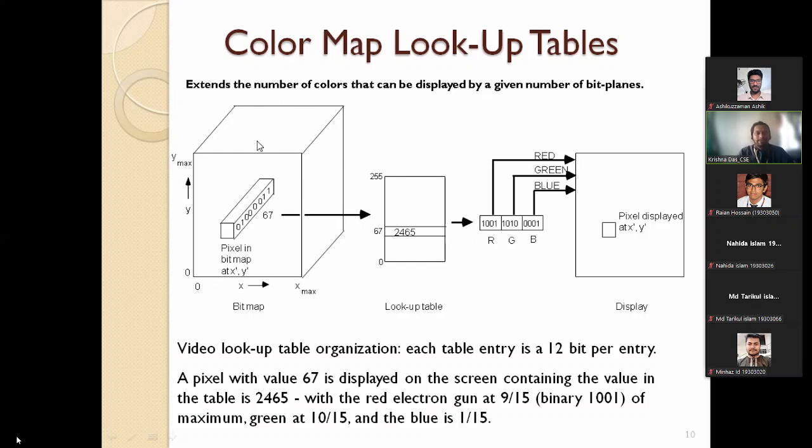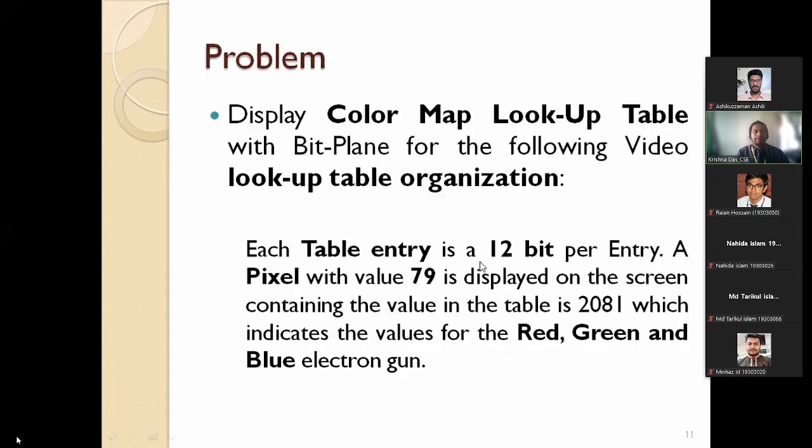So in the bitmap with the lookup table, the pixel value can be converted to binary format, which gives the positional red, green, and blue, one after another, as the order in which the bits are distributed, and according to that the intensity is defined. The color map lookup table is important.